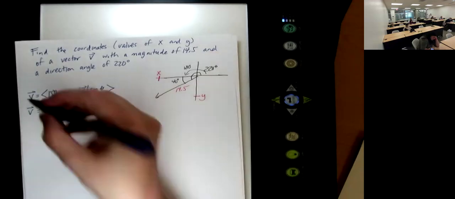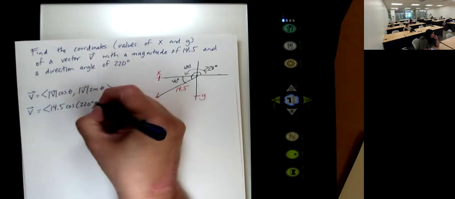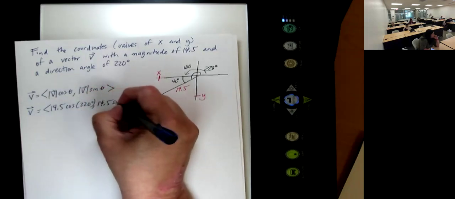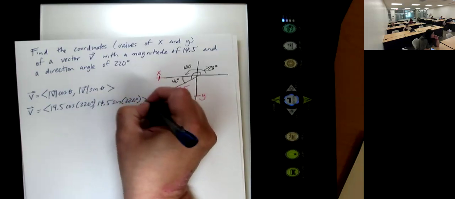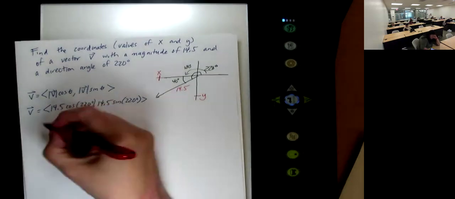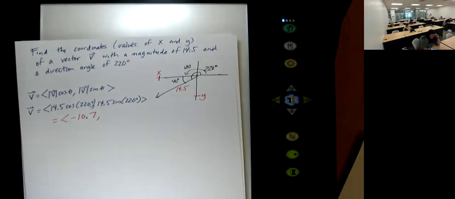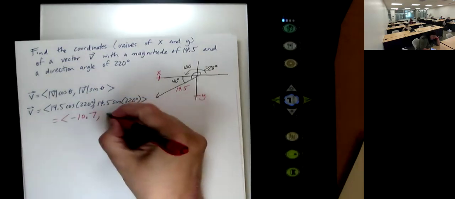For this, that is 14.5 times cosine of 220, 14.5 times sine of 220. I am getting negative 10.7 and -9.3.